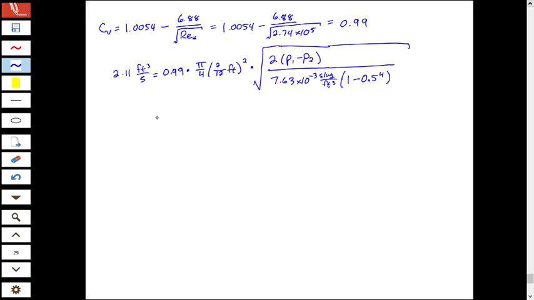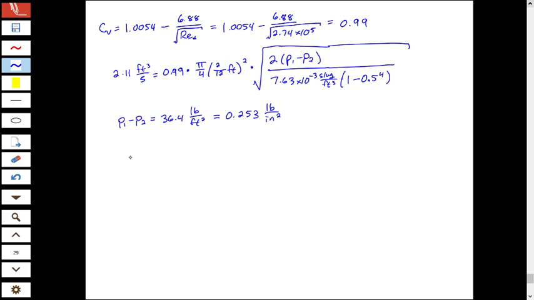So when we go through that calculation, you will get P1 minus P2 to be equal to 36.4 pounds per square foot. You can convert that over to 0.253 pounds per square inch.